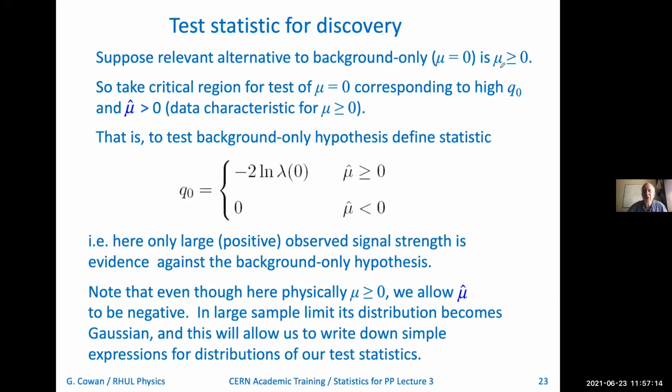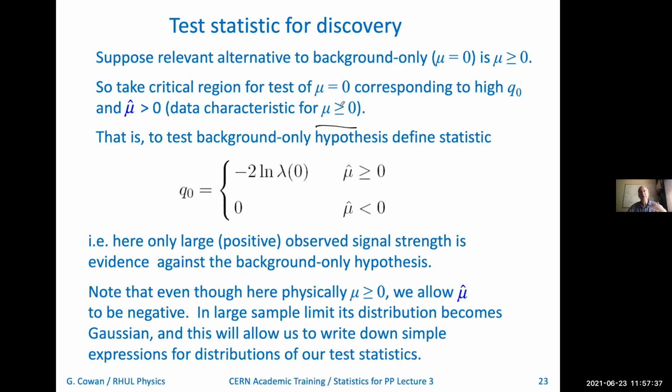So the relevant alternative to mu equals 0 is mu greater than 0. So that means that I will take the critical region of a test of mu equals 0 to correspond to more events. And that corresponds to a data characteristic of mu hat greater than or equal to 0.